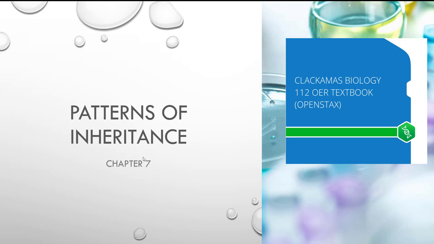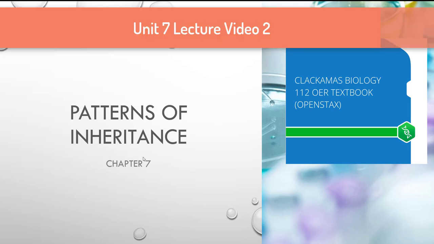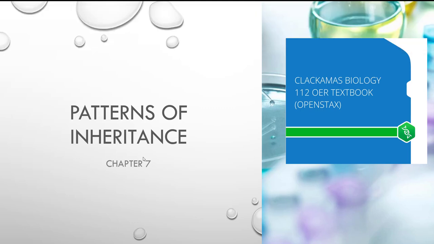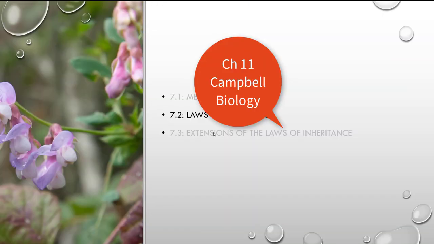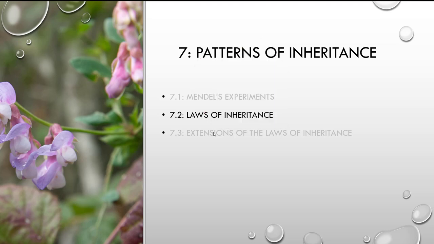Welcome back, everyone. So we're continuing on with Chapter 7, Patterns of Inheritance. This also continues in Chapter 11 of the Campbell Biology textbook. So we're getting into laws of inheritance. This continues on with what we learned in Chapter 7.1 with Mendel's experiments.